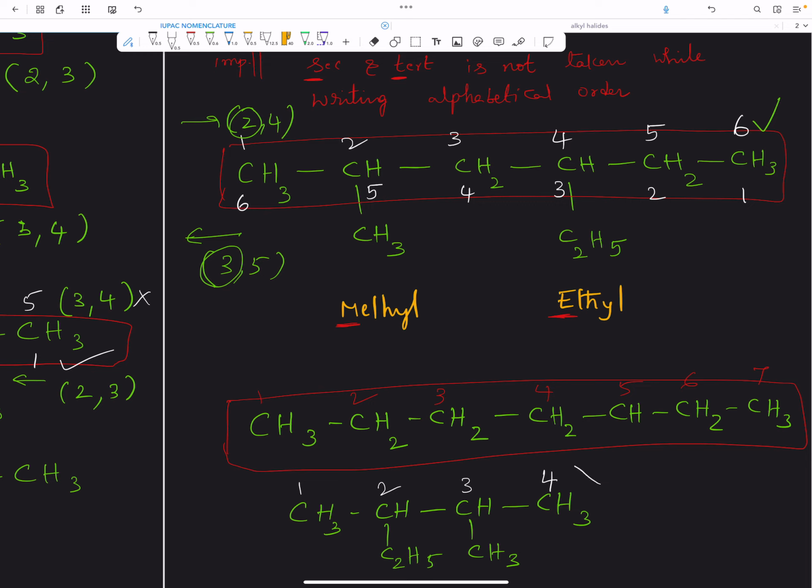But this is in fact not the parent chain. Please look here carefully. 1, 2, 3, and C2H5 has 2 more continuous carbons. So this is the longest continuous carbon chain.